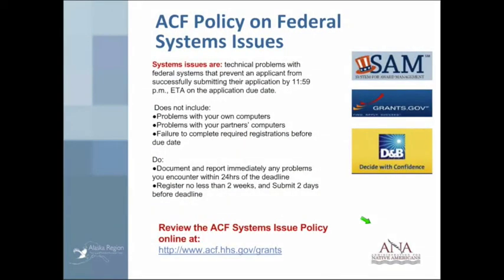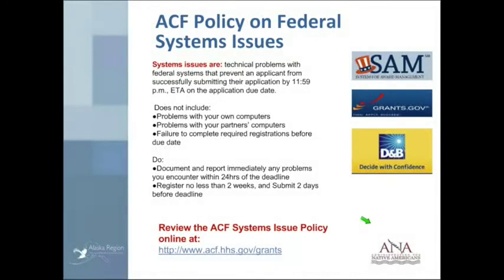Now, a few other things. If you have encountered problems that you believe are tied to the electronic submission, ACF has a policy on federal systems issues. Systems issues are technical problems with federal systems that prevent an applicant from completing their application by the 11:59 p.m. deadline.